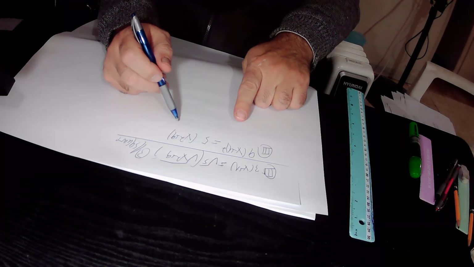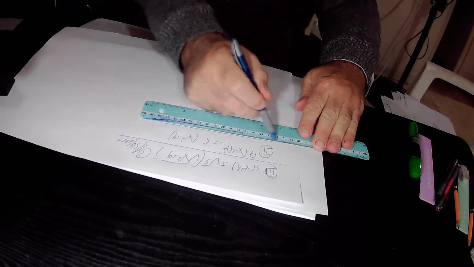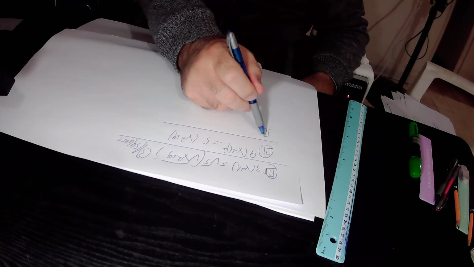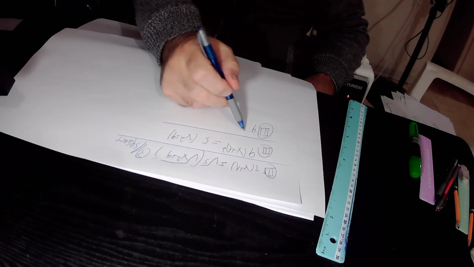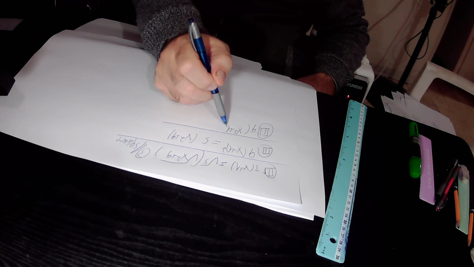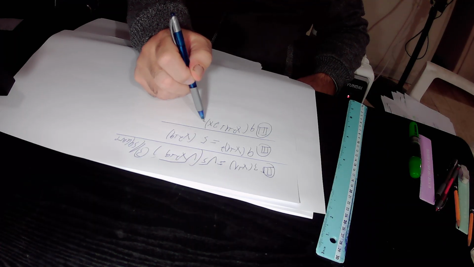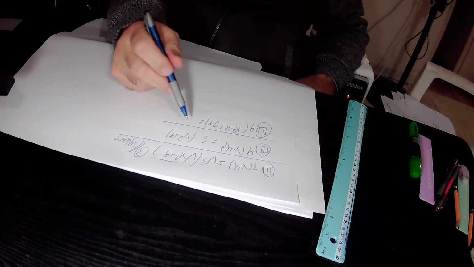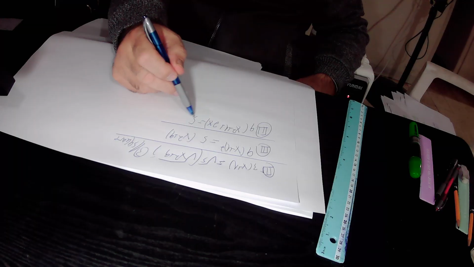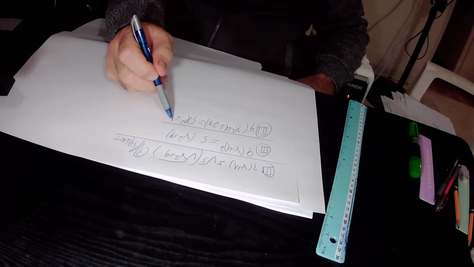Here we will open the brackets on both sides of this equation 3. We have 9 times (x plus 1) squared. (x plus 1) squared equals x squared plus 1 squared, that is 1, plus 2 times x times 1, that is 2x, and this equals 5 times x squared is 5x squared, and 5 times 9 is 45.